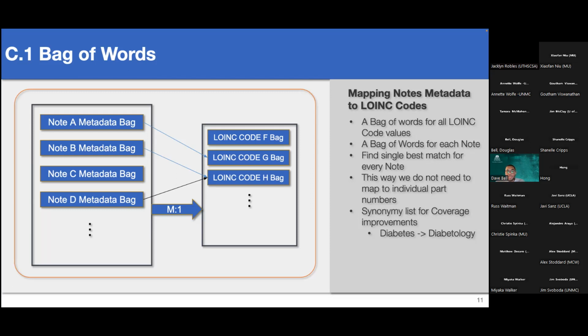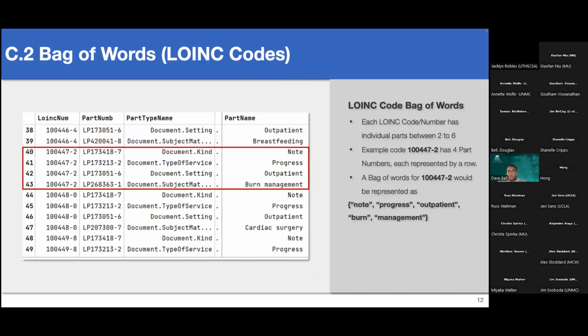And we use a synonym list to cover matches that are slightly different, but should mean the same thing. As you see at the bottom right, it says diabetes to diabetology. There are some occurrences where we need that, including diabetes and OBGYN, which you'll see later.